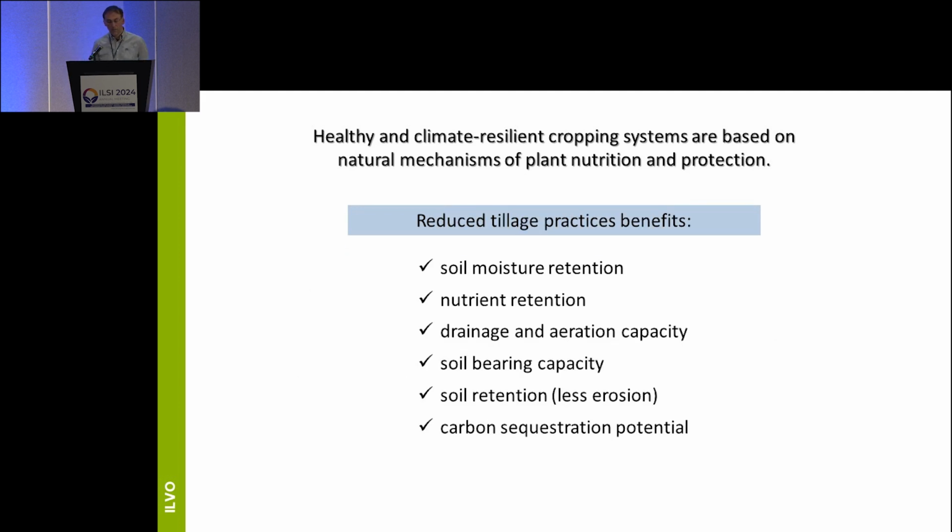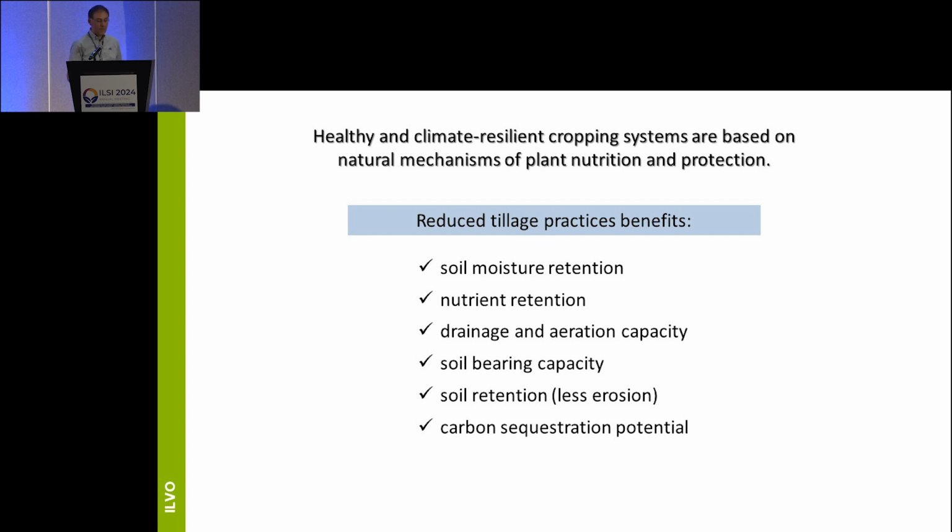So somewhat more in detail, reduced tillage practices benefit a lot of things. You have more soil moisture retention because by very superficial tillage, you disrupt the capillarity, and so you minimize the evaporation from the soil surface.